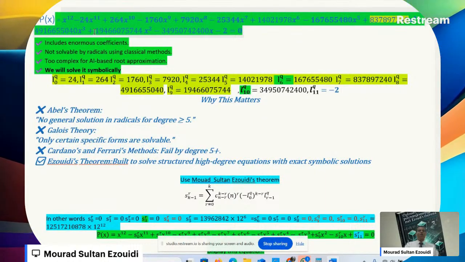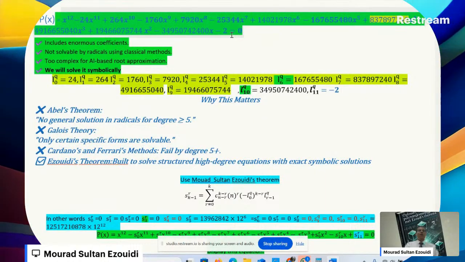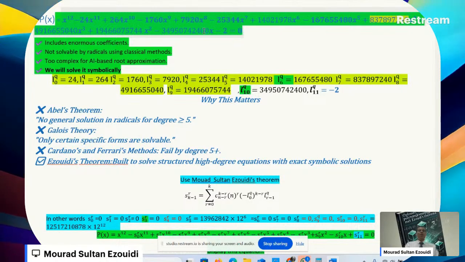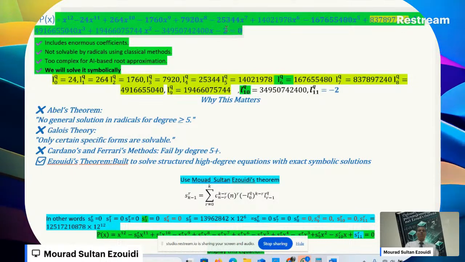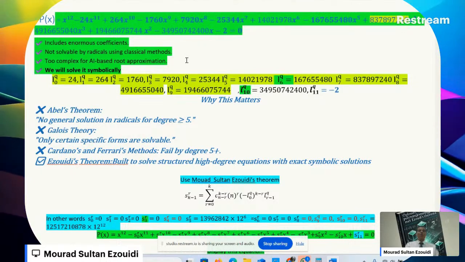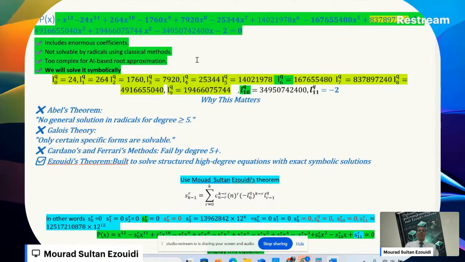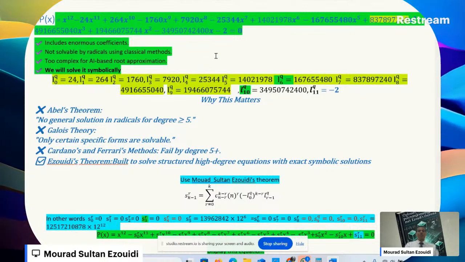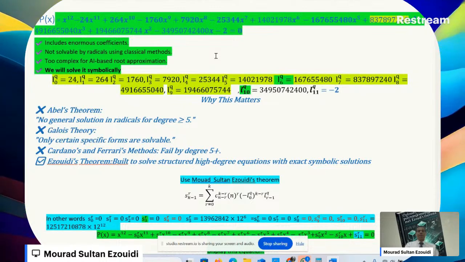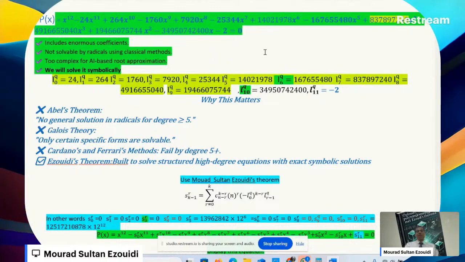You see x to the power 12 up to negative 2 equals 0. Using the theorem, this will be reduced to x to the power 12 plus s4 plus s4 raised to the power 6 plus s11 equals 0.